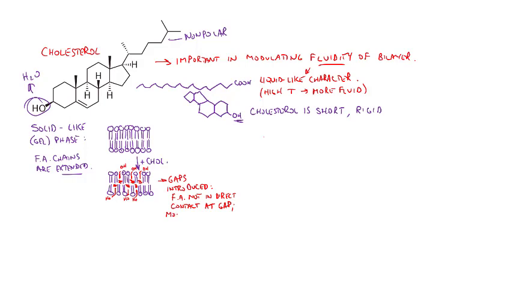That means you have more free space between your fatty acid chains, which means you have more mobility of those chains, right? Because there's nothing in the way of a fatty acid molecule from diffusing or rotating to fill the space. And if you have more mobility, that means you have higher fluidity. That's in the solid-like phase or the gel phase.